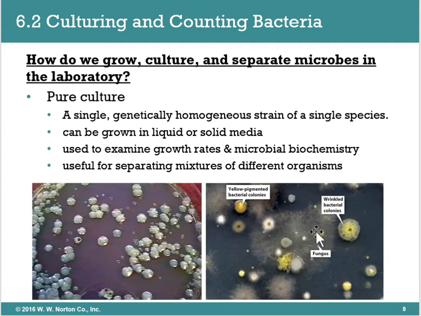As you see right here, this might have been a differential indicator media, because we have different growth types. We have two bacterial colonies right here, but they look very different. One is more orangey yellow and very smooth looking, whereas this one is very wrinkled in appearance and yellow. So that's another way of telling for differential media.